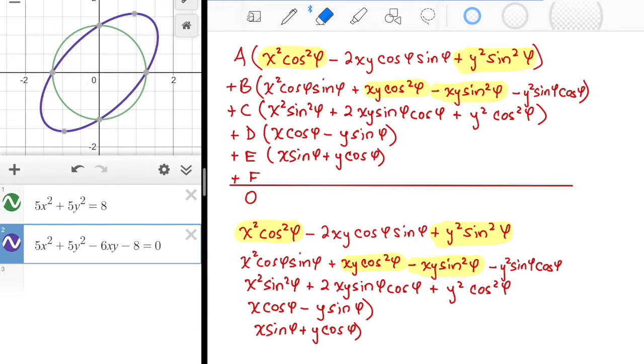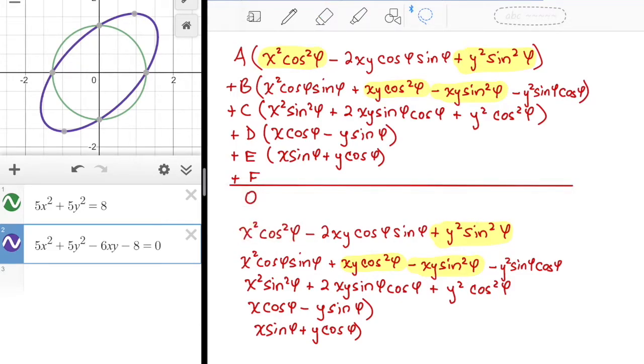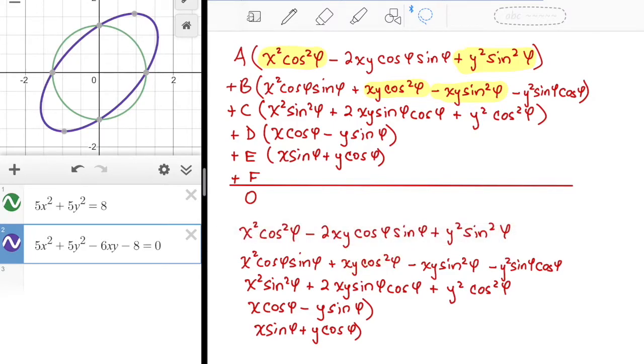All right, so I'm going to distribute through the A, and let me just get rid of some of these highlights. Again, all that stuff I was talking about, the powers, that's all going to be important stuff, so we're going to keep that stuff in mind. But I don't want to have to highlight it every single step of the way, at least not yet.